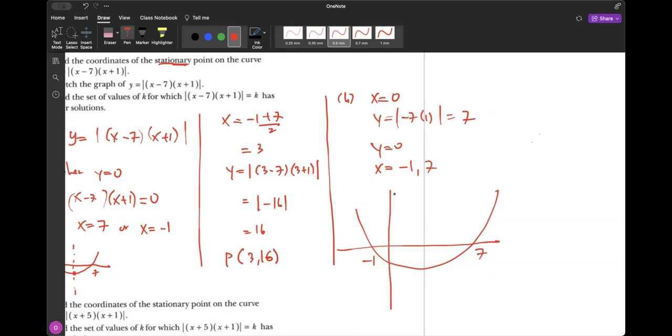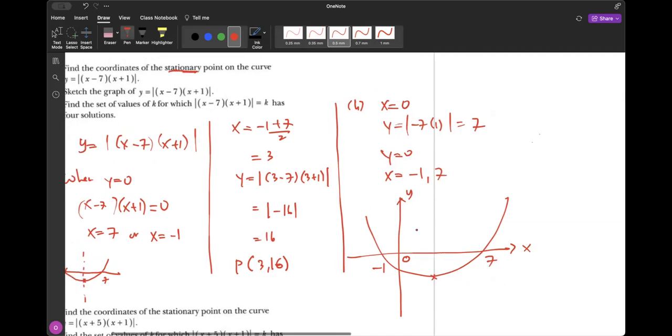Are you able to see the y-axis is here? Because it's next to -1, right? So 0 is here, minus 1 to 0, then 0 to 7. Then this point will be reflected, the whole thing flips over because of the modulus, then goes up. So this is the graph.